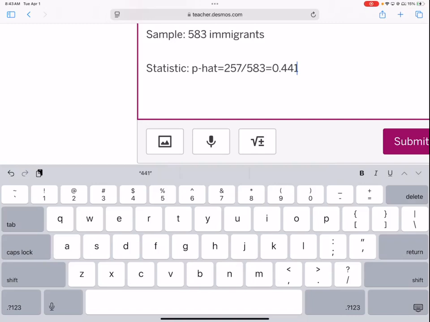The question becomes, is this low enough to make an argument that they are wrong? Or could this 44% be due to random variation? Because remember, in other words, is that result unusual? Is that unusually low? And this is what we do as statisticians.